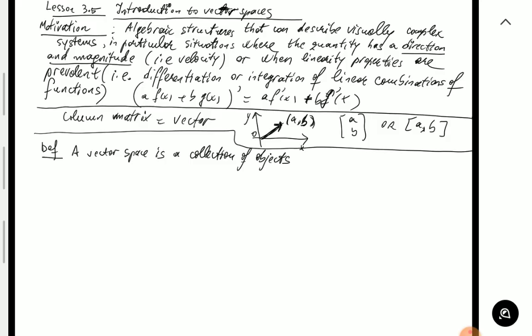mathematical objects denoted, sorry, it's kind of messy here, denoted by u bar, v bar, x bar, y bar, etc. So by convention, we put a bar on the top of these variables to distinguish them from real numbers or numbers in general.